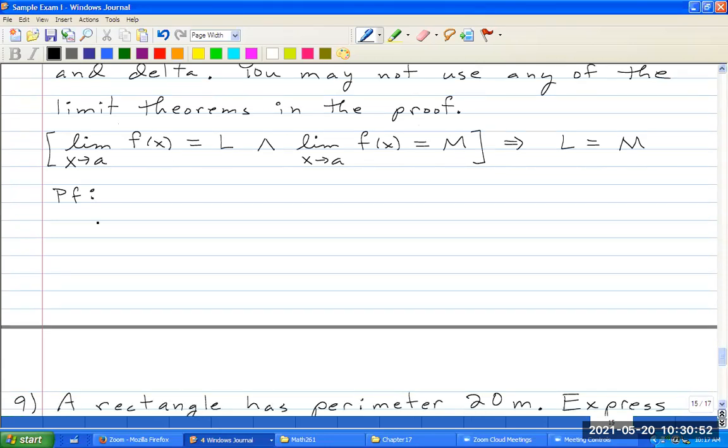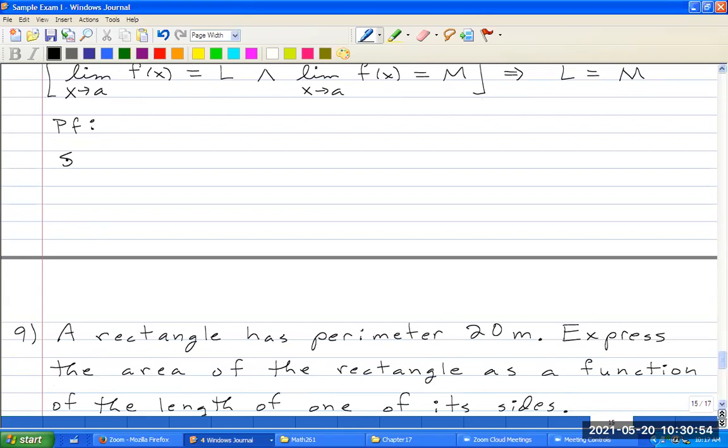Since the limit as x approaches a of f of x is equal to L, then, well, let me write the epsilon delta definition.